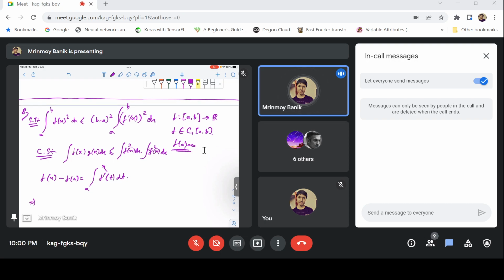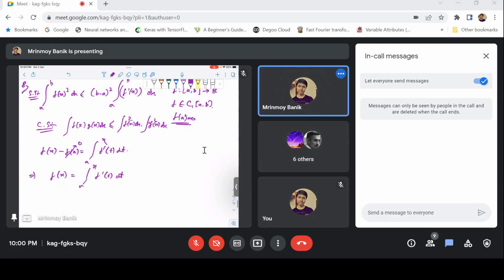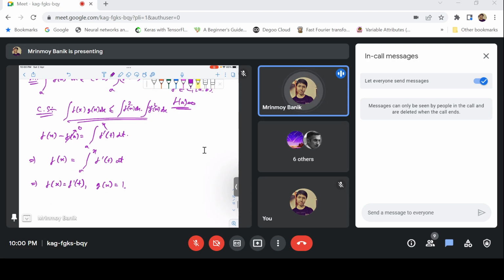And since f(a) is 0 from the given conditions, we have this one. Along with this inequality, we can take f(x) equals f dash t, g(x) equals 1 here.